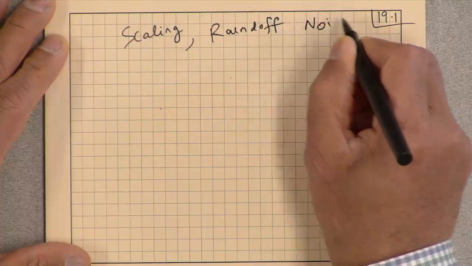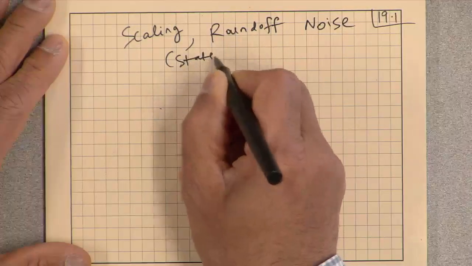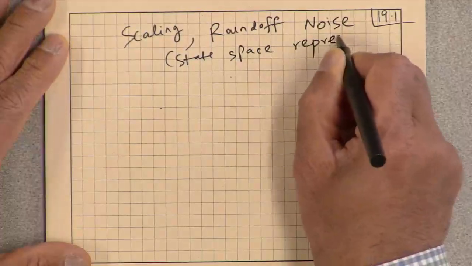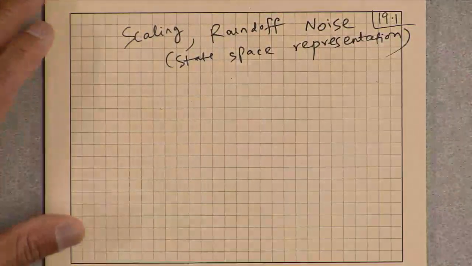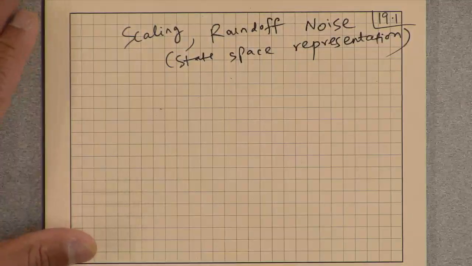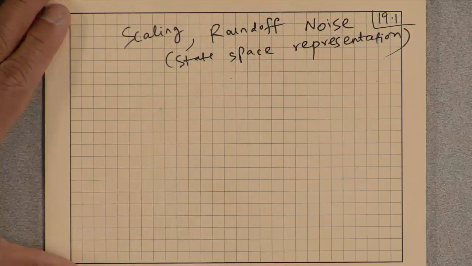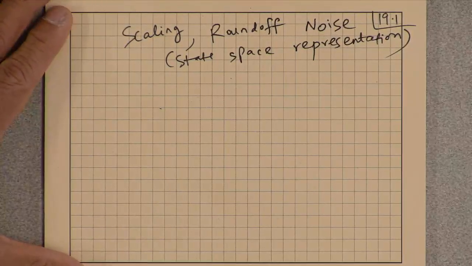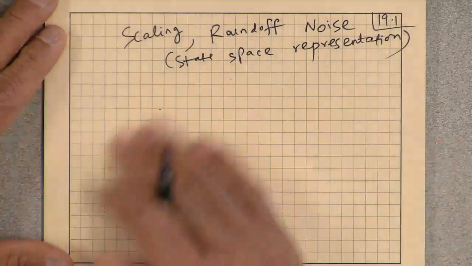So that is the main focus of the chapter, and we will look at that. Okay, are there any questions before we start on this new topic? Okay, scaling and round-off noise is a very important part.